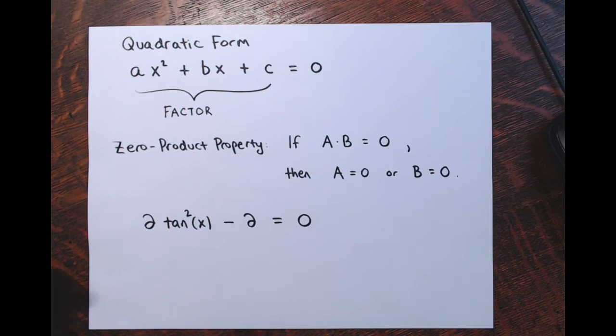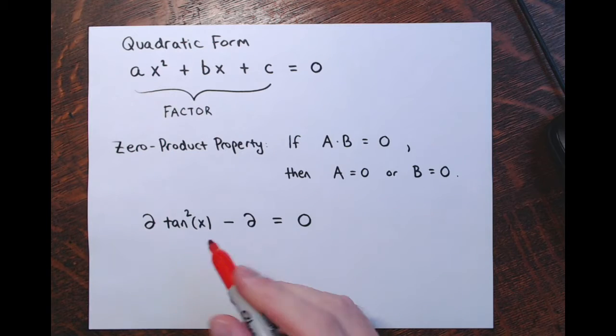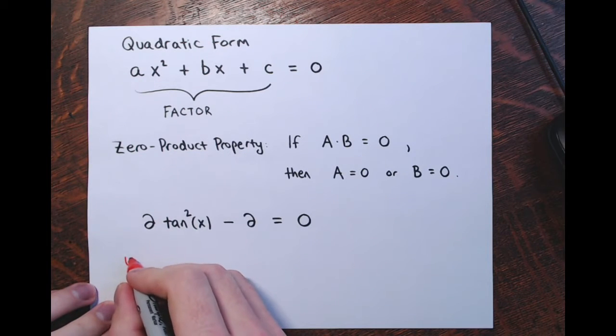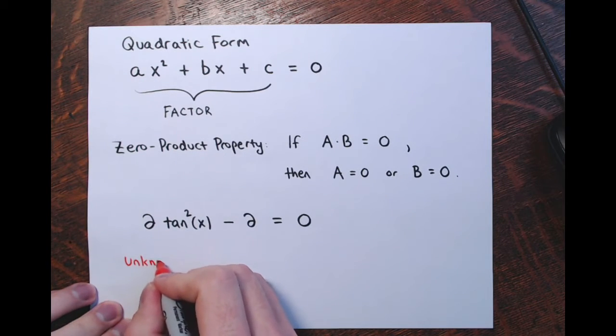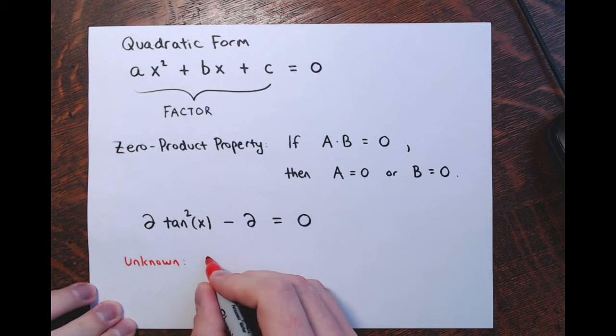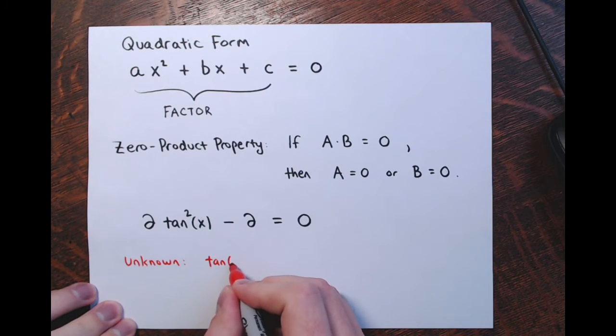Now something they suggest in the more instruction in Newton Alta here is to make a little substitution. The unknown quantity here is that tangent of x, right?